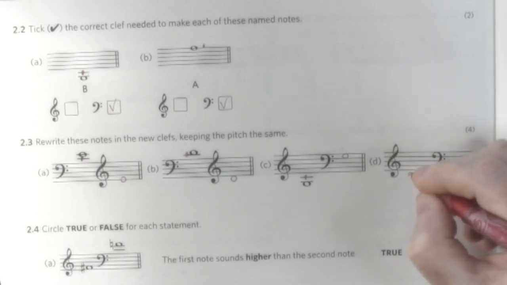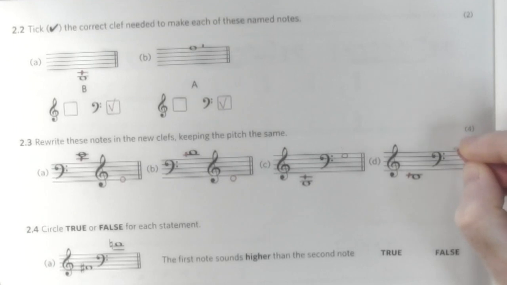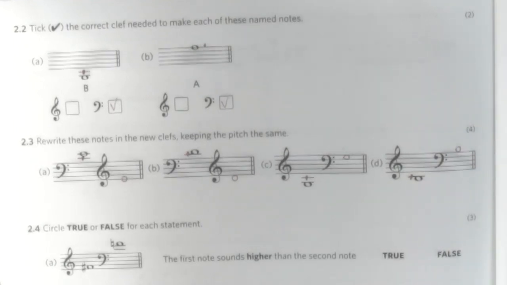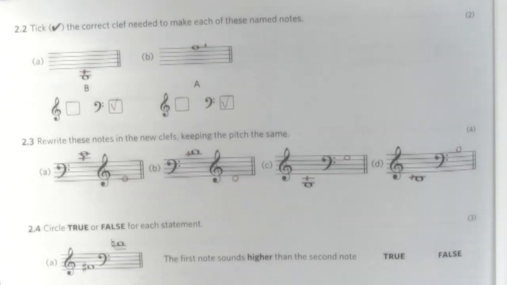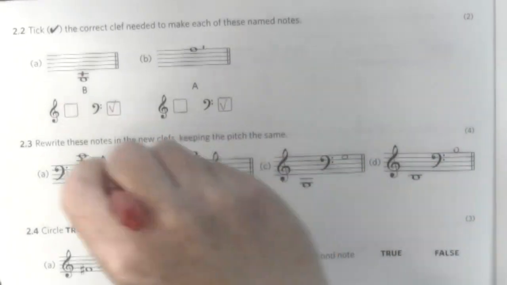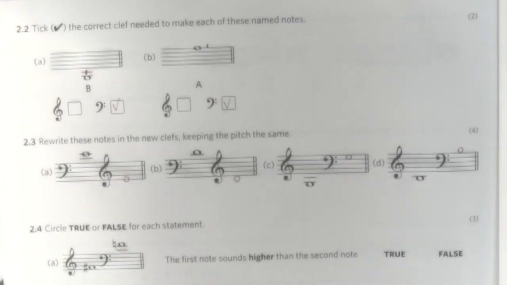In treble clef, middle C is here and this is one below, so middle C is up here, one below. Perfect. Sorted. You see that it's easier if we do it this way. Let me rub this out and leave just the right answers so you're not confused.